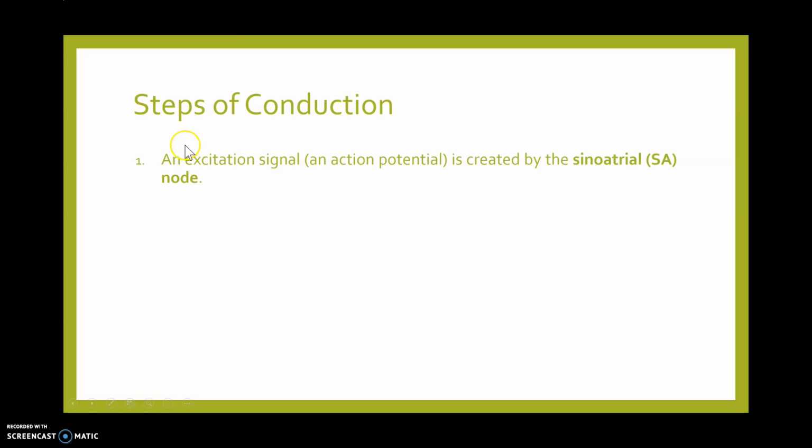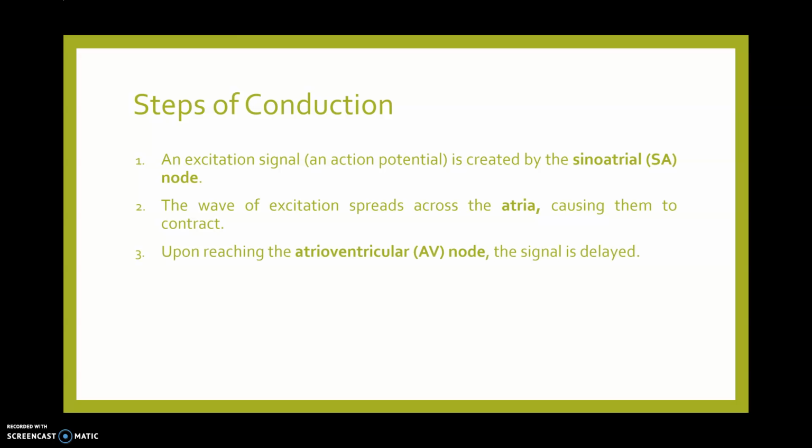So the first step, we get an excitation signal or an action potential created by our SA node. Then we see that wave of action potential spread across both atria, the left and the right atria, causing them to contract. Our AV node delays the signal slightly. This is really important because it allows our ventricles to fill completely with blood before they contract.